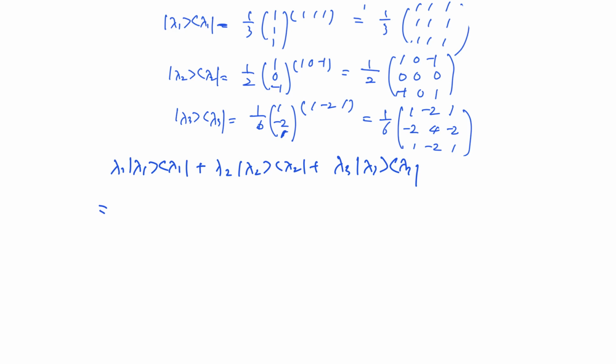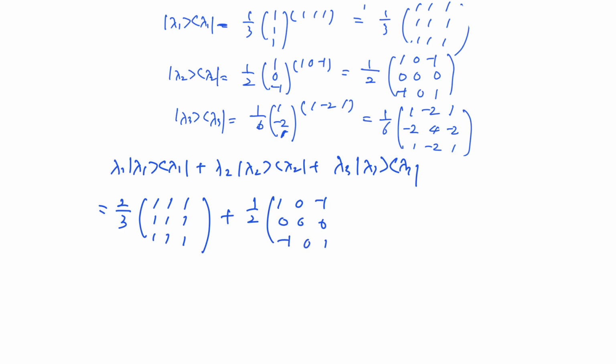Lambda 1 is 2, so there's 2 over 3 times the matrix of all 1s. Lambda 2 is plus 1, so it is 1/2 times 1, 0, minus 1, 0, 0, 0, minus 1, 0, 1. Lambda 3 is minus 1, so 1 over 6 times 1, minus 2, 1, minus 2, 4, minus 2, 1, minus 2, 1, right?